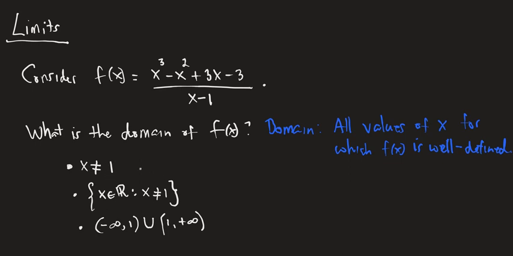But what this basically means is we can plug any value of x into this function except 1, and get an answer, meaning get a number. If we were trying to find ordered pairs, we would always find a corresponding y value for every x value except x equals 1. So that's the idea of the domain.